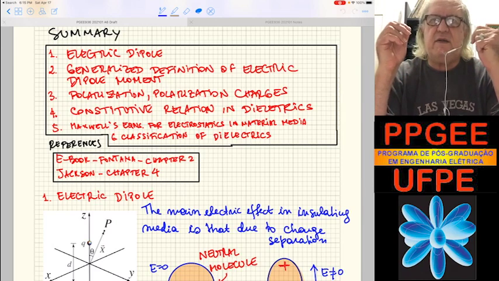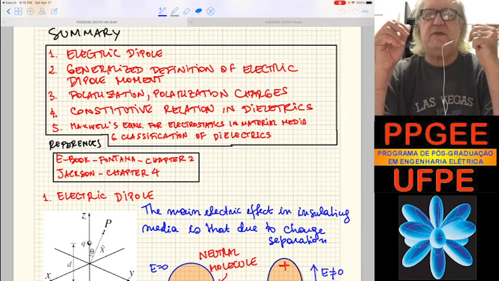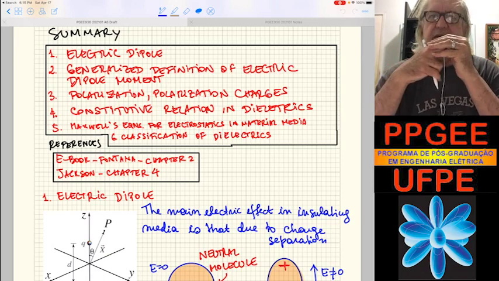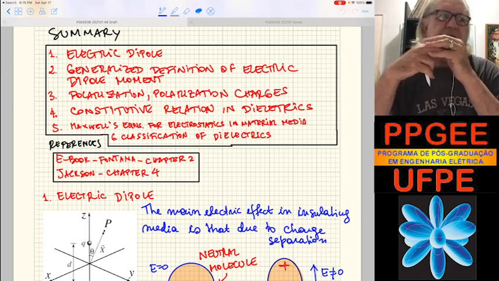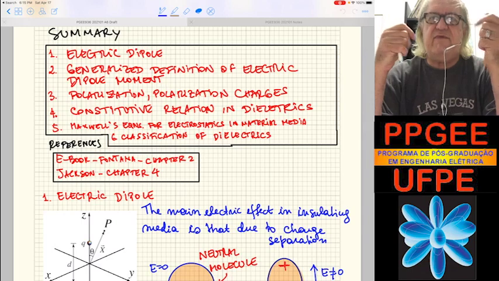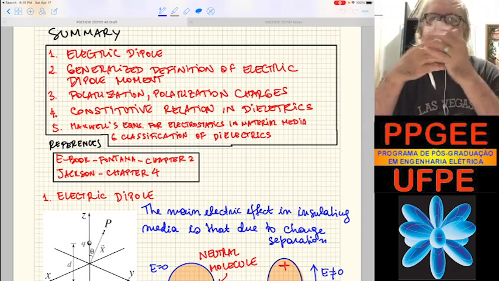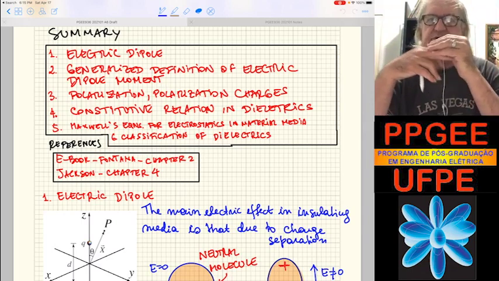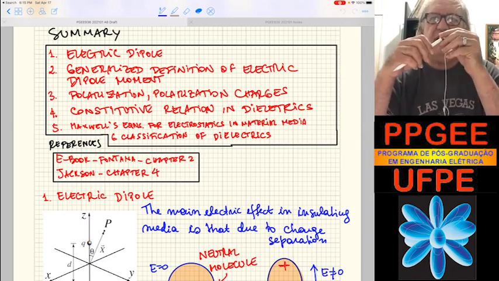So that's why it's important to start with the electric dipole. Obviously, there are other low-order contributions for insulating systems. We can have 4 charges that combine to have a zero net charge, right? We can have a quadrupole, for instance.